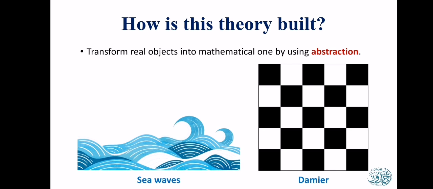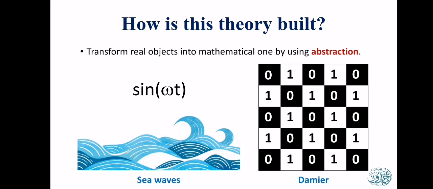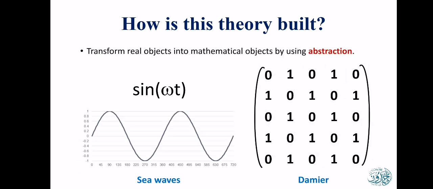Sea waves could be abstracted into a sine function, and an image, here a binary image, could be abstracted as a matrix. And by transforming real objects, which are signals, into mathematical objects, we can now measure them, transform them, operate on them. We can process them in order to extract the information.